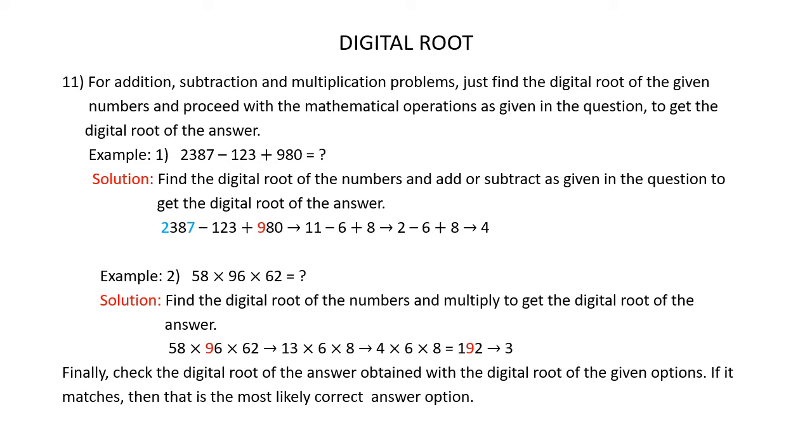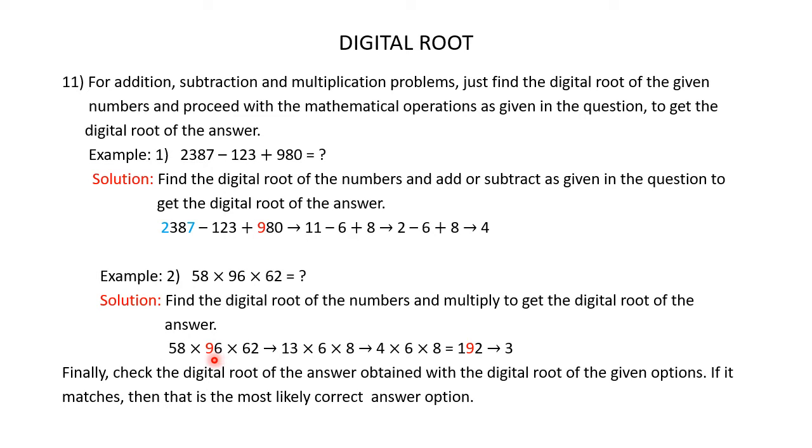Look at another example. 58 multiplied by 96 multiplied by 62 is equal to how much? Find the digital root of the numbers and multiply to get the digital root of the answer. So in 58, 5 plus 8 is 13 and 1 plus 3 is 4.